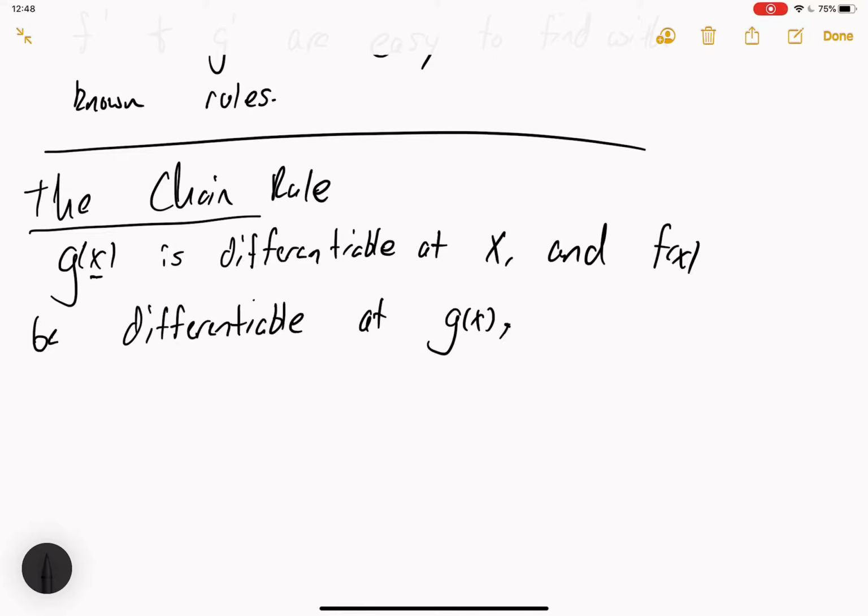So if we have that g of x is differentiable at x, and f of x is differentiable at g of x, then we have the composite function, which is equal to f composed with g, is differentiable at x.